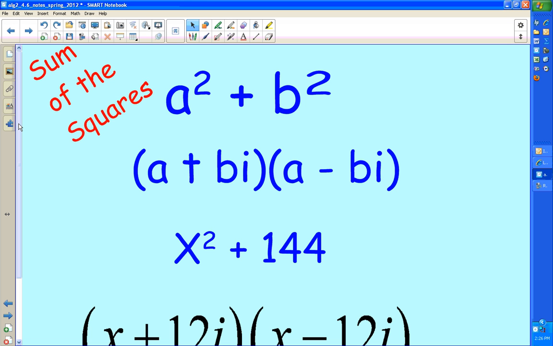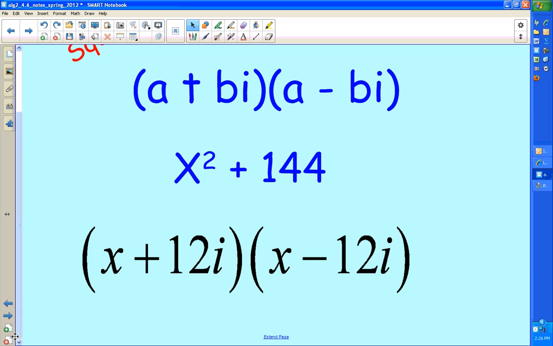But now if we allow you to go to complex numbers, it will factor like a difference of two squares where the second terms have the imaginary unit. X squared plus 144 will be x plus 12i and x minus 12i.